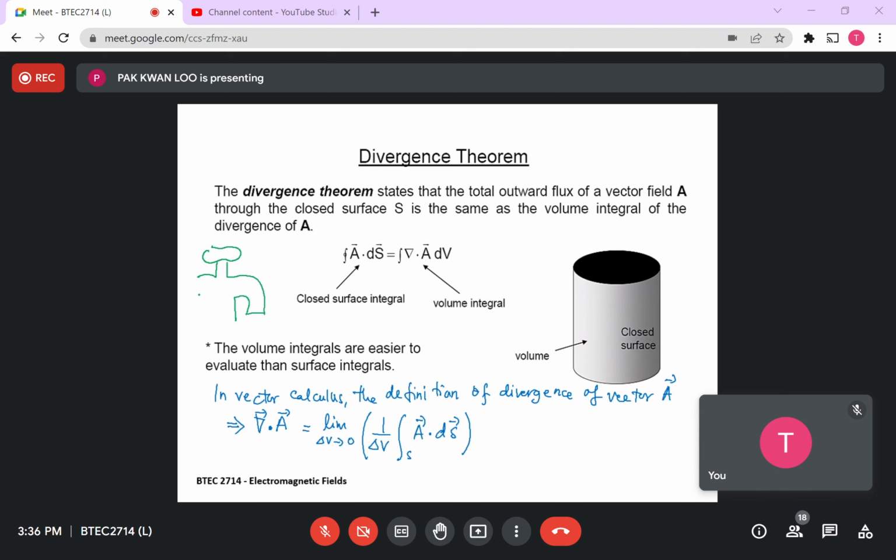So I'm just giving you an analogy. You have a water tap. If you turn on the tap, normally we have a narrow stream like this, and some kinds of stream are not narrow. It can be a bit spread, like this.